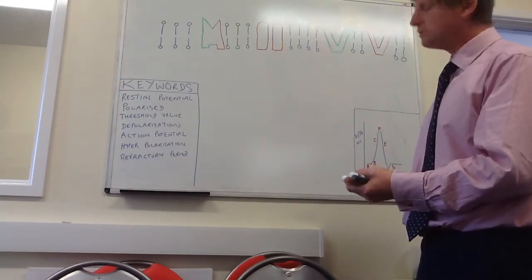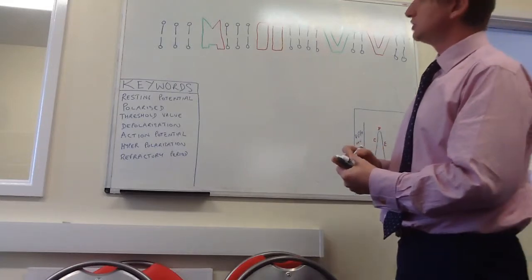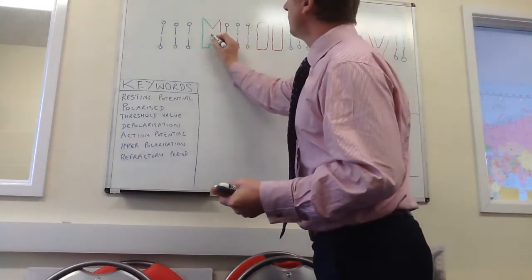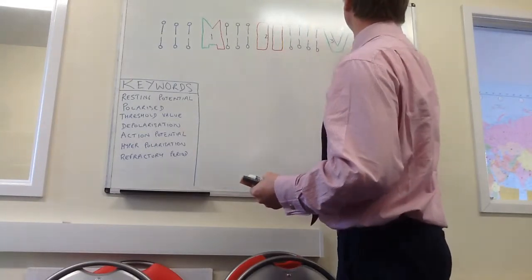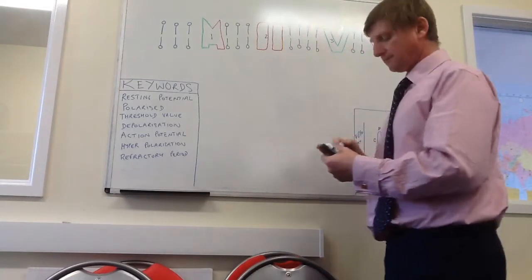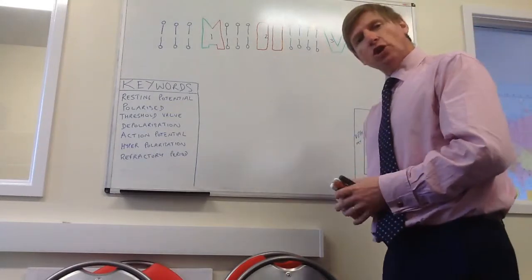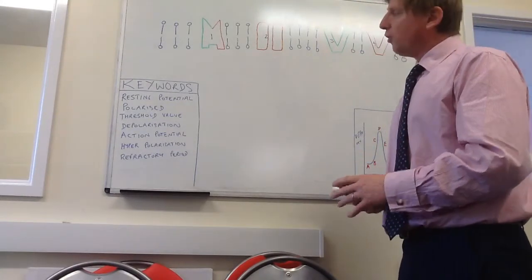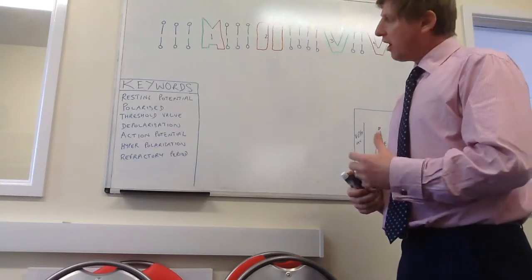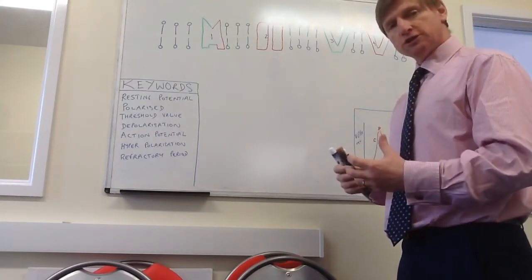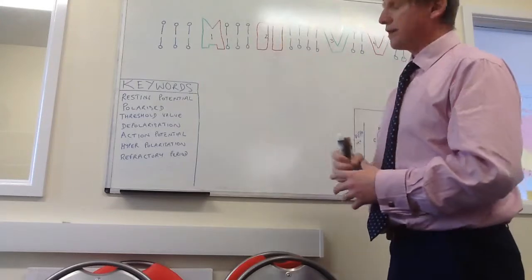And there's 4 proteins that I'd like us to learn about. There's number 1, number 2, number 3, and number 4. And these are responsible for manipulating, certainly to start with, the ion concentrations across each side of the membrane.